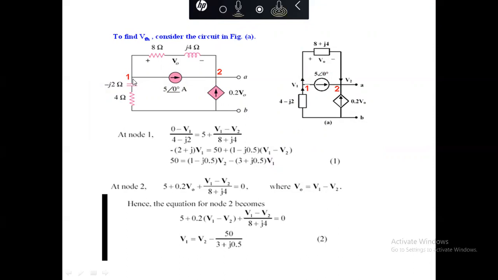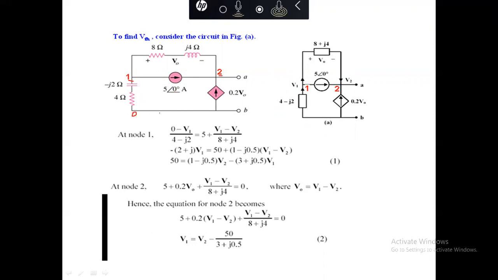To find the Thevenin equivalent, we apply the nodal analysis. In the nodal analysis, we have chosen node 1 and node 2. This is node 1 and this is node 2, and this is our reference node 0.